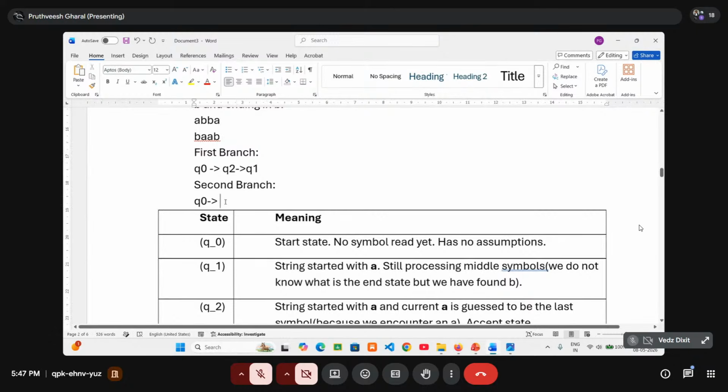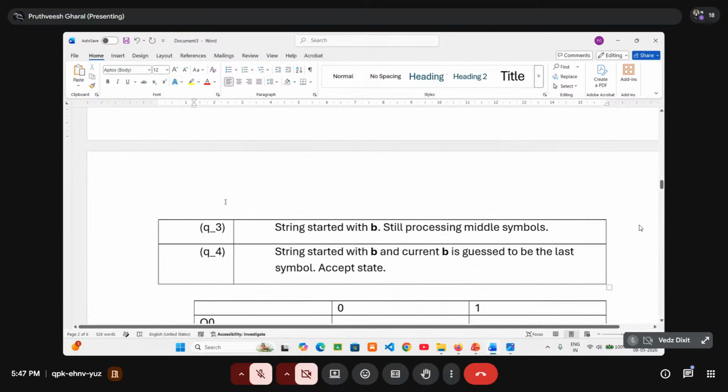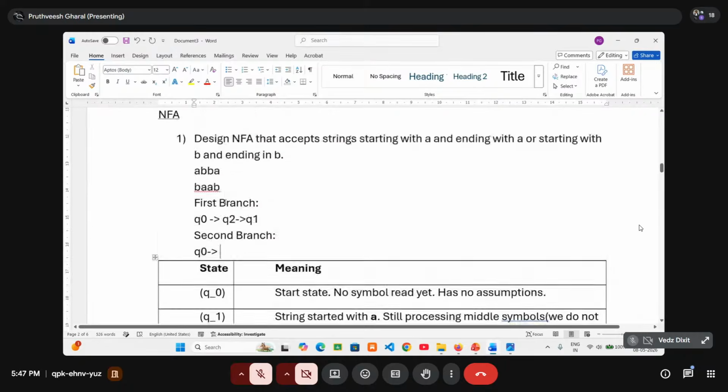Okay, so we are making assumptions here. We do not yet know the full string, but when the state is in Q0 and we have encountered a B, we are instructing the machine to move to the state Q4.